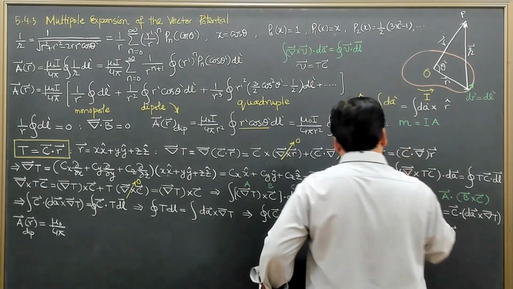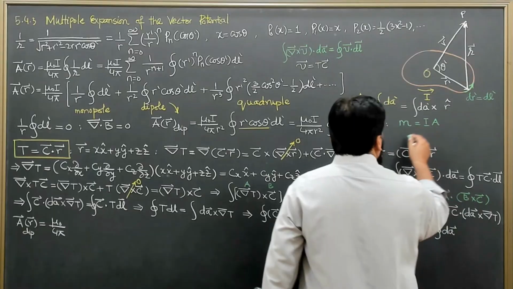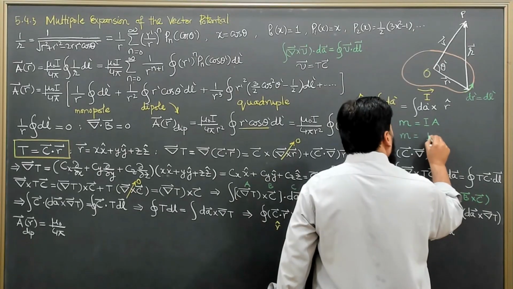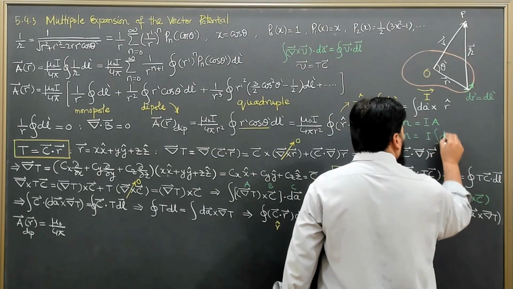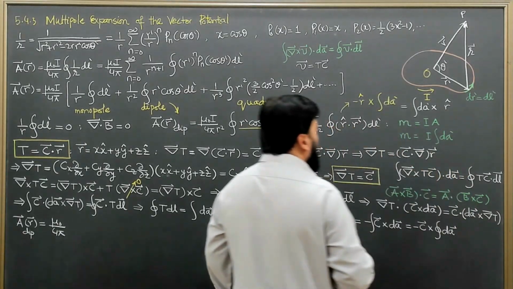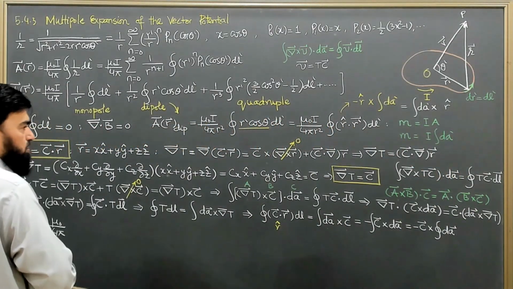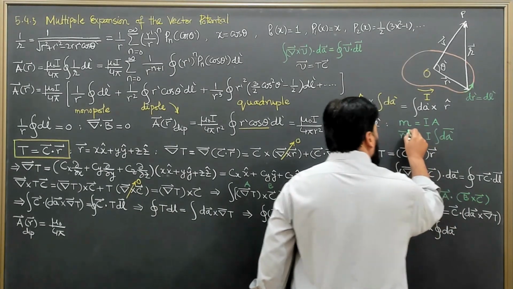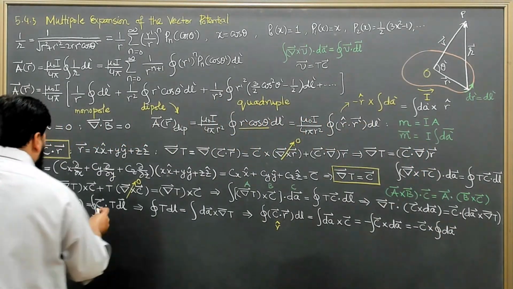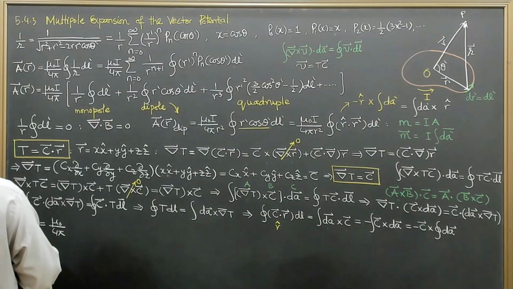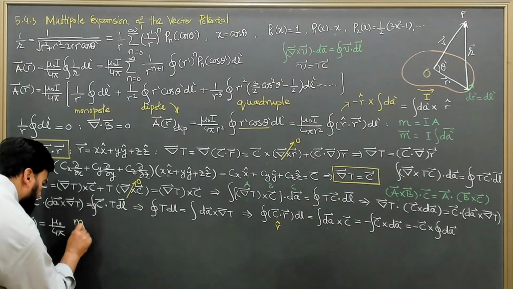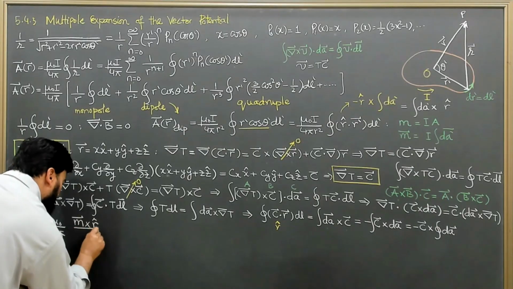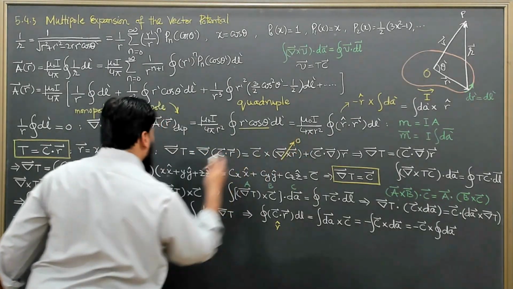This M, let me write here, I can write as I dA prime. So this will come out to be a vector, mu naught over 4 pi, m cross r, where r is a unit vector, over r squared.